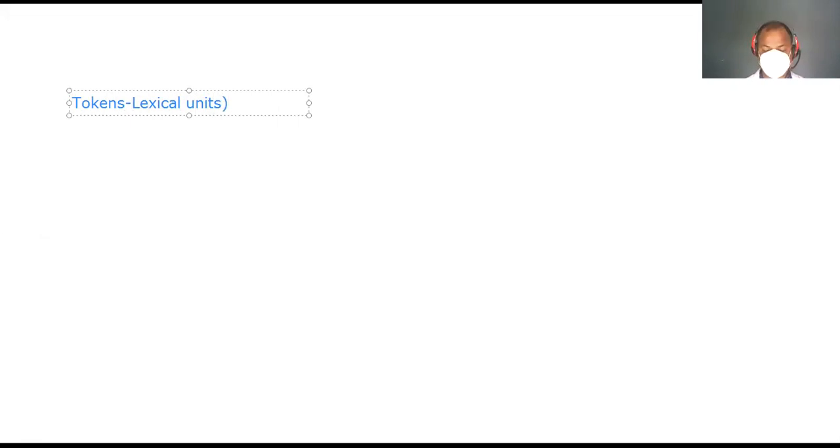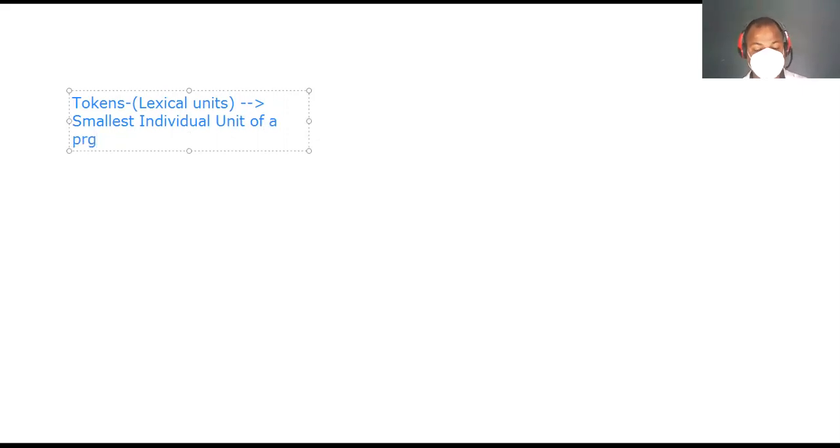Tokens are the smallest individual unit of any program. Let me write it here: the smallest individual unit of a program is known as the token or the lexical unit.